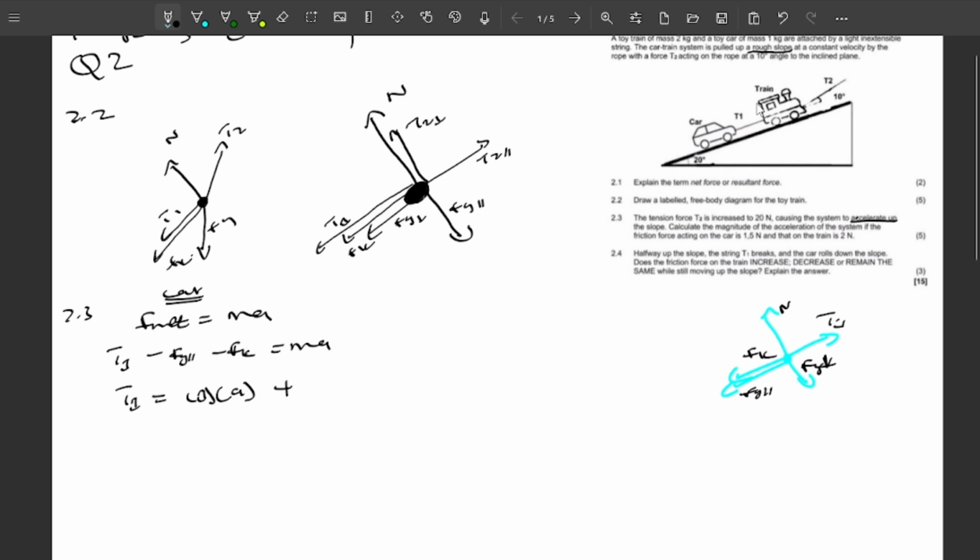So the FG parallel, let me write it in its component. We know that FG parallel is going to be 1 times 9.8 sine 20 degrees, right? The reason why is because when we look at it in this form, the FG is always acting downwards, perpendicular, right?